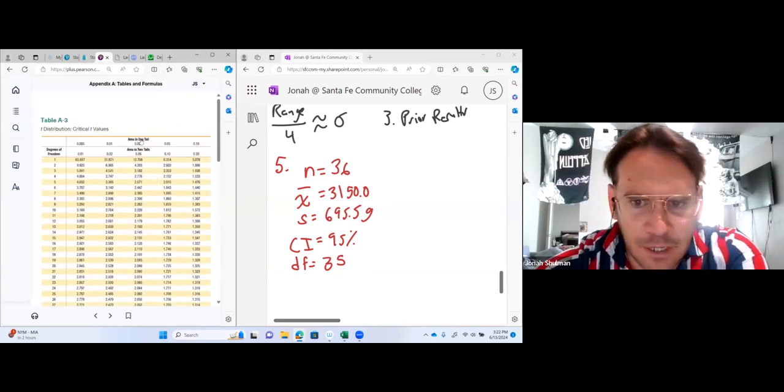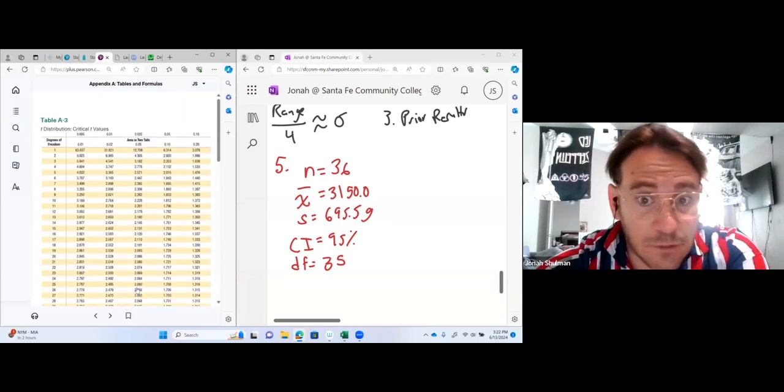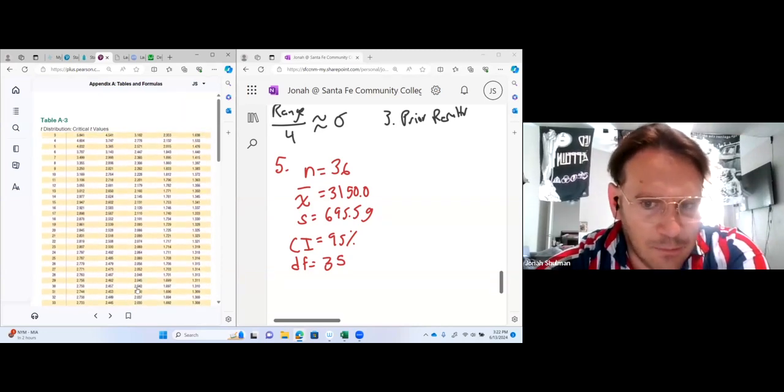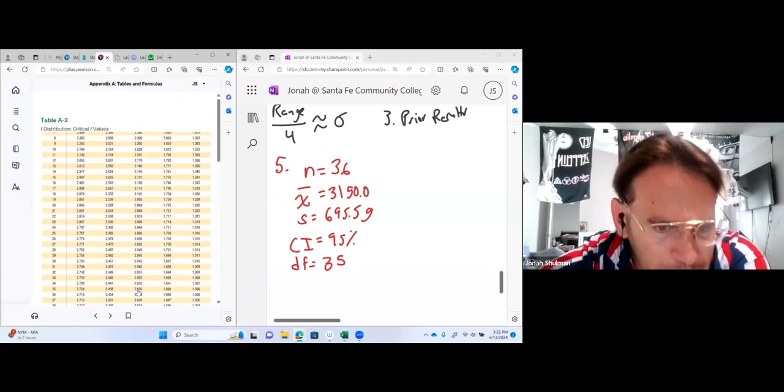We want 95%, two tails, so we're in the middle. I'm assuming for the degrees of freedom we're just going to make this a 2.030.